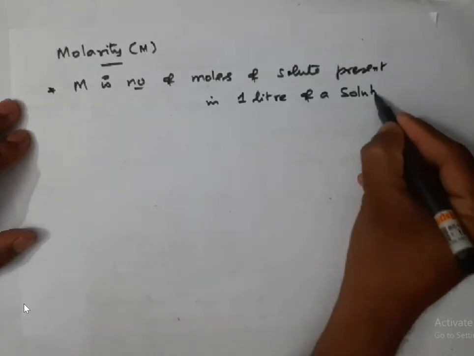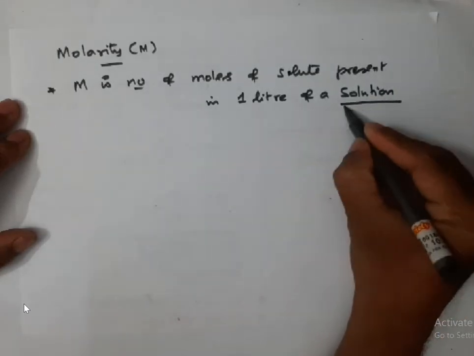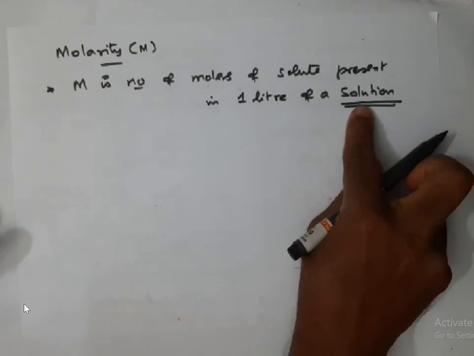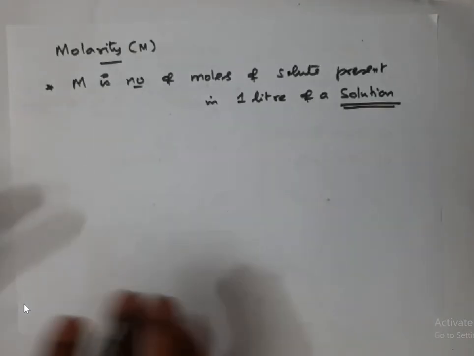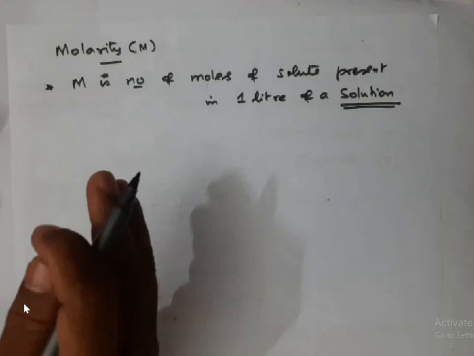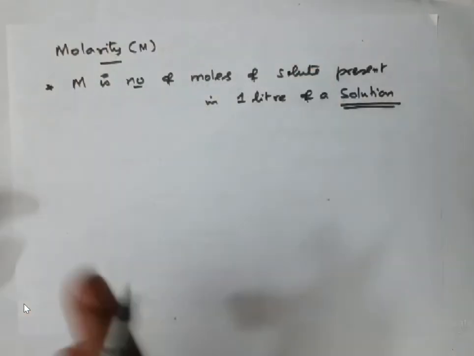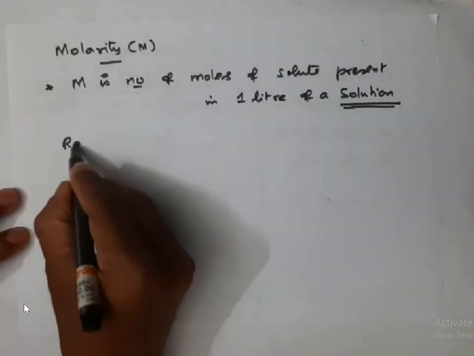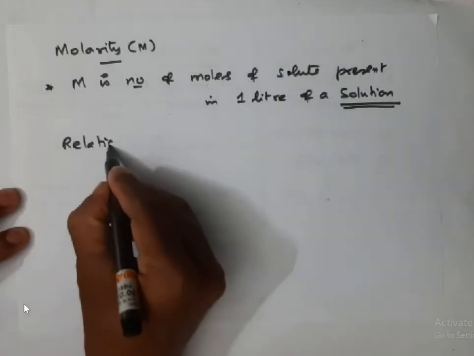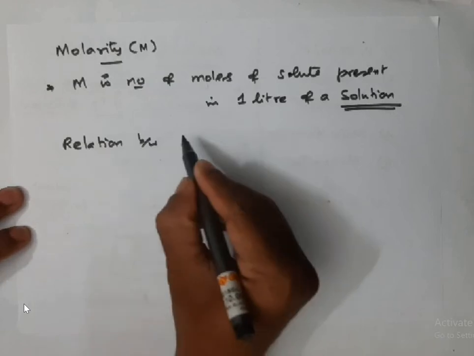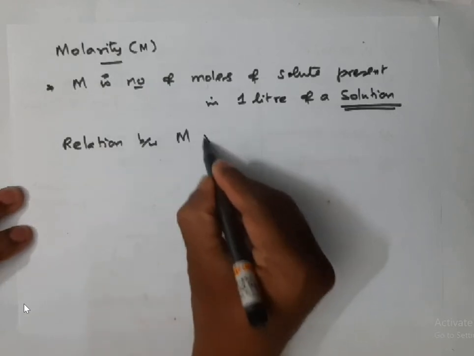This is the definition for molarity. I have told you already, here we should take solution. Now I am going to give the relation between molarity and molality. So what is the relation between molarity and molality?